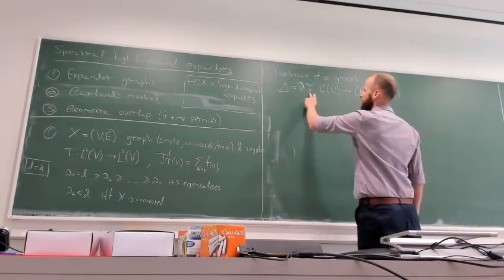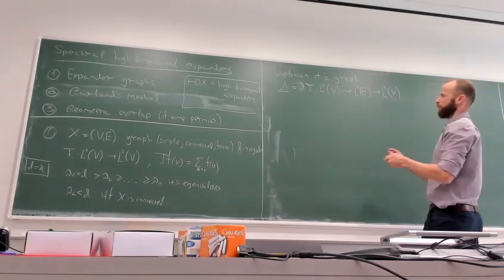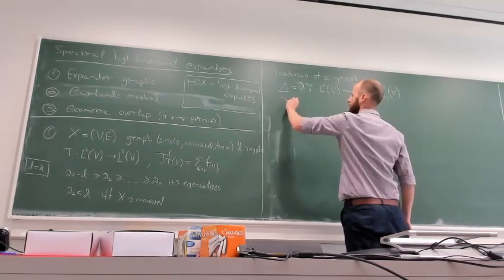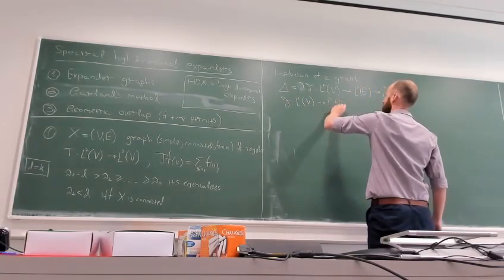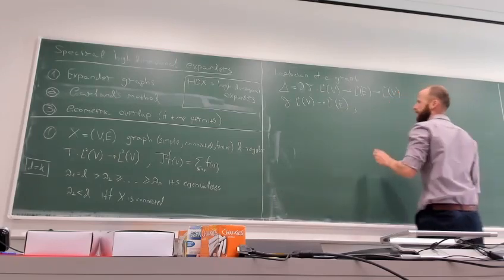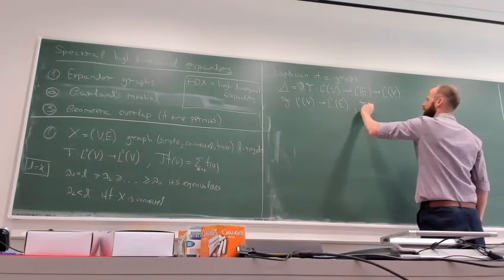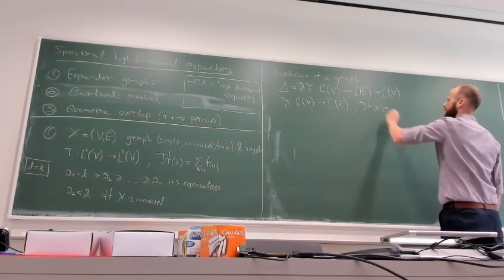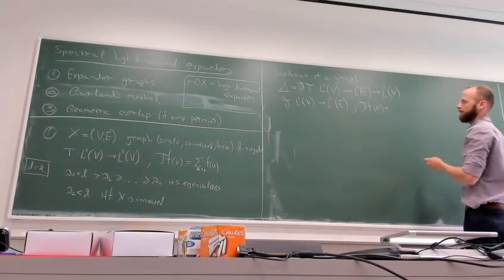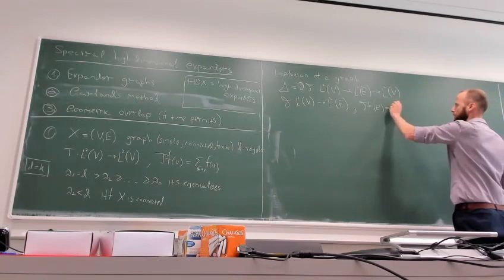The Laplacian is basically a composition of two operators, one that takes a function on the vertices to functions on the edges. To define it, you actually need to fix some orientation on the edges. Any orientation will do.